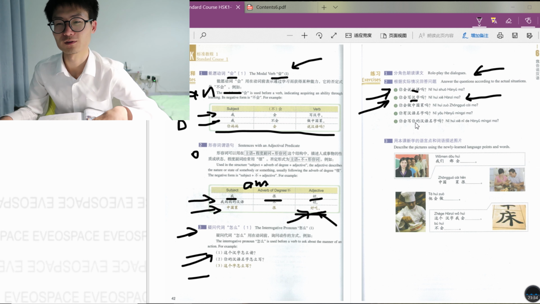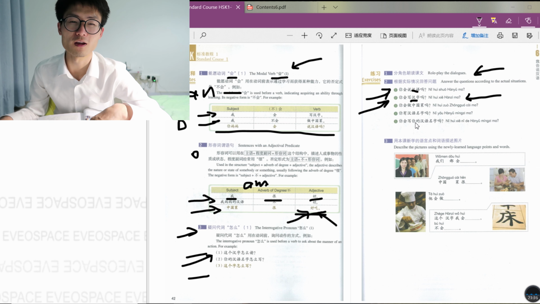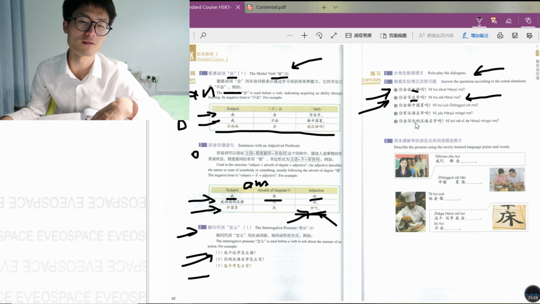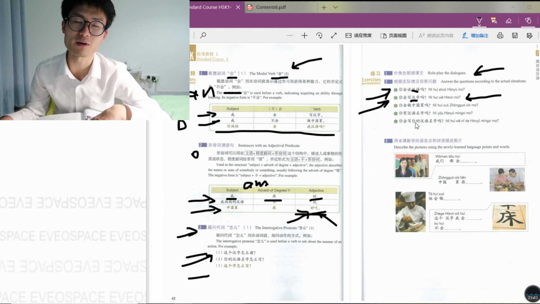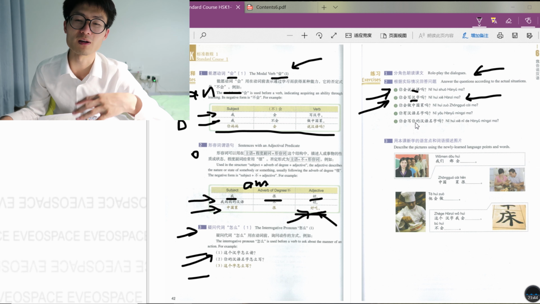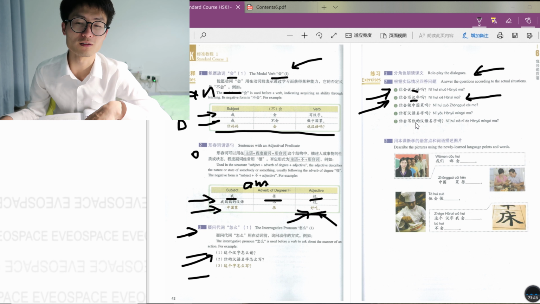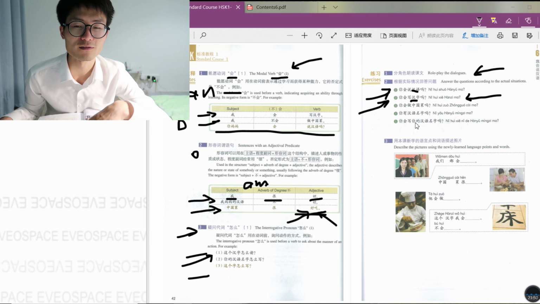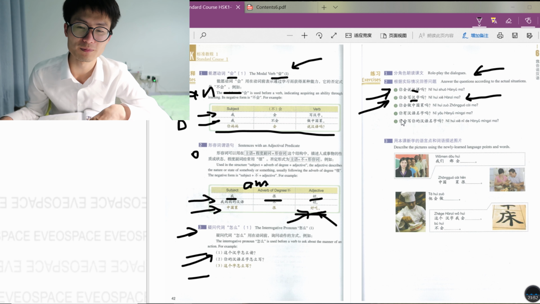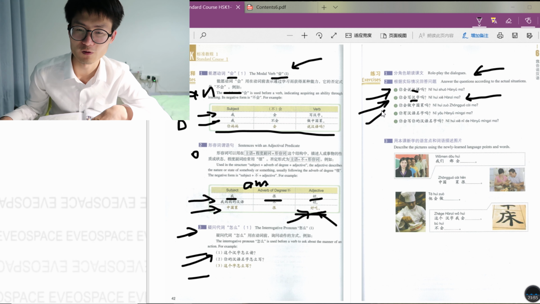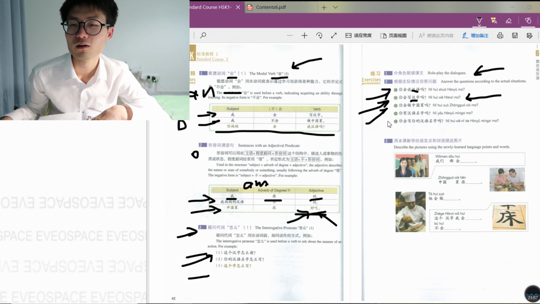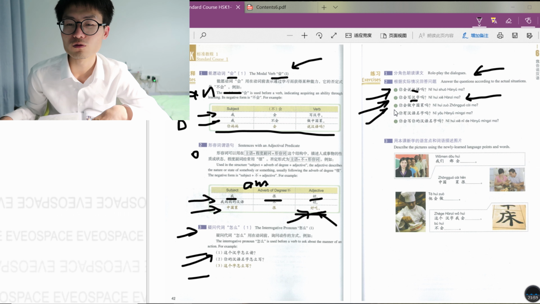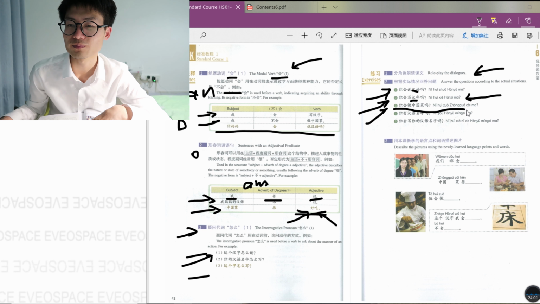If you move to HSK3, then you're going to write some simple characters, maybe, but it could be the case that you can write characters. Okay, so move on. 你会做中国菜吗?